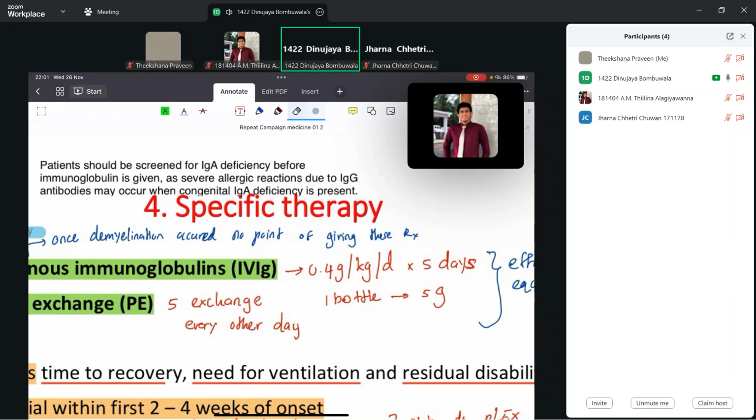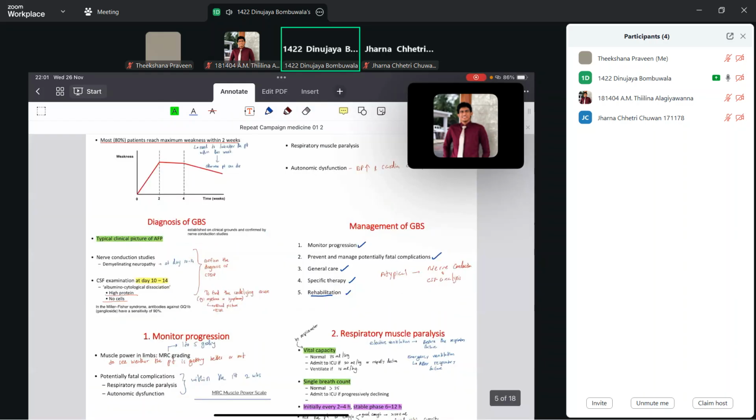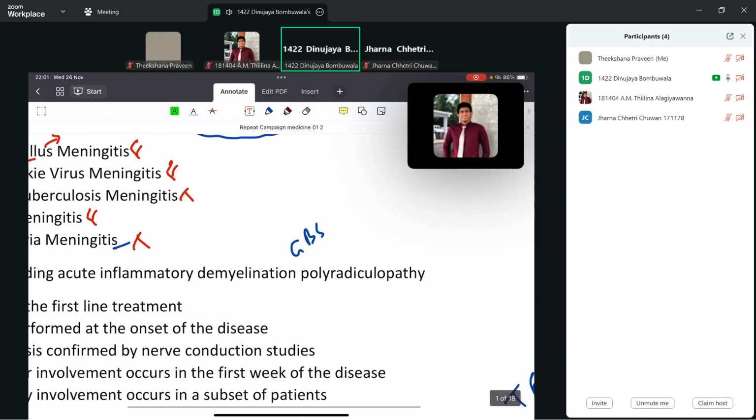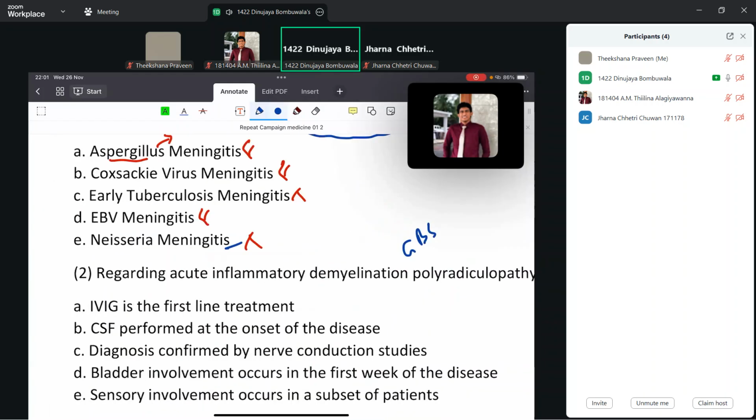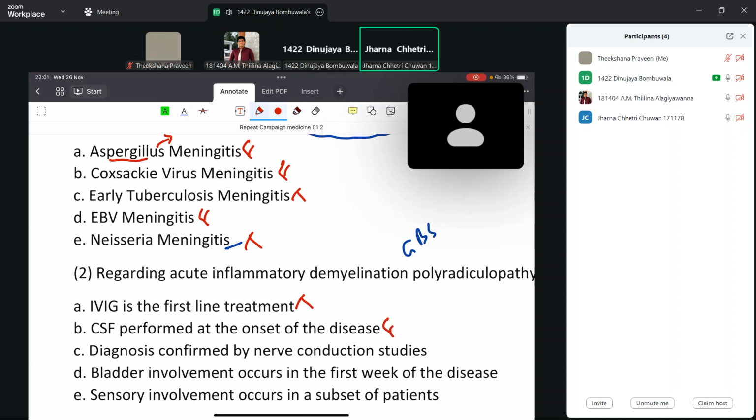So, answers. IVIG is the first line treatment. True or false? True. CSF performed at the onset of disease. False. Diagnosis confirmed by nerve conduction studies.